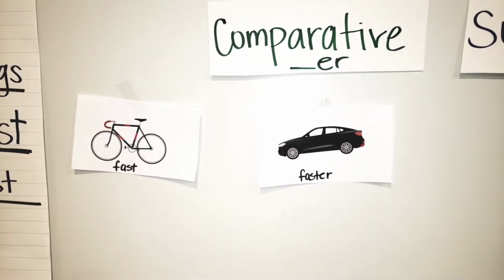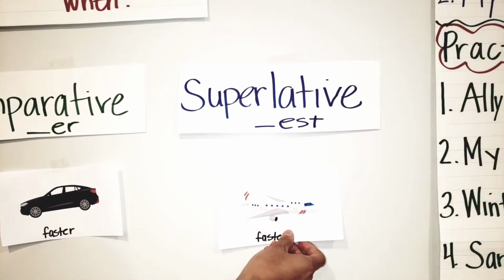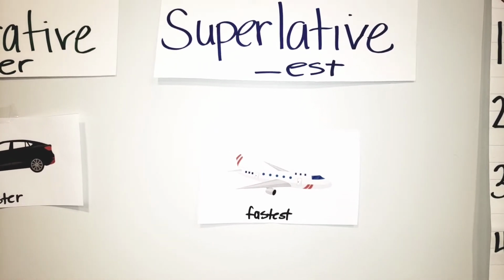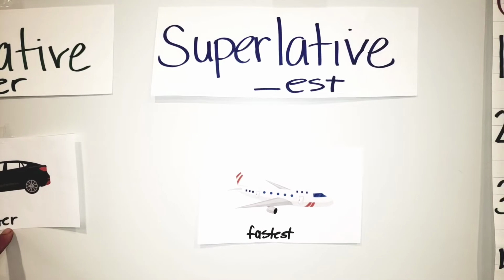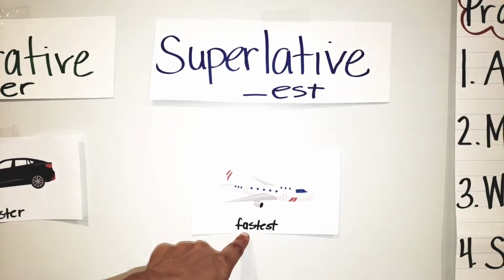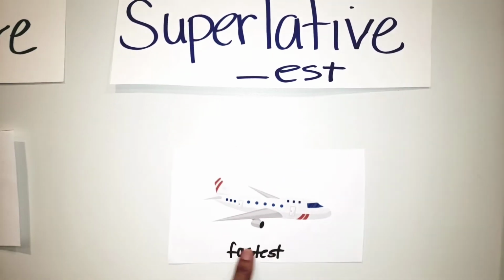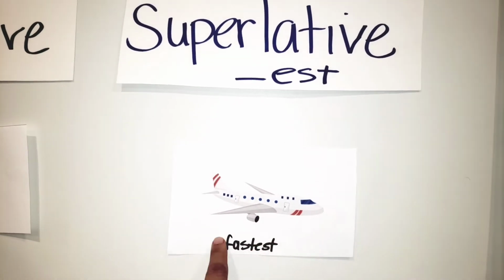Now, boys and girls, if I compare it to a third thing, the airplane, I can say the bike is fast, the car is faster, but the airplane is the fastest. See, it ends in EST, superlative. That means that this is the best. Nothing is faster than the airplane because it's the fastest.